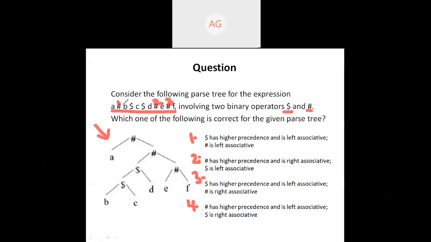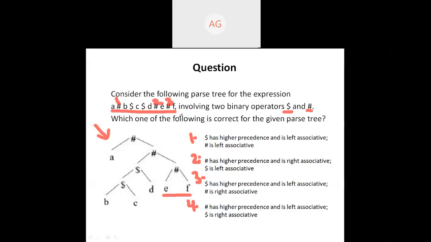So if we are going to evaluate this hash from left to right, then it means the left one is evaluated first and the right one will be evaluated last, as we are scanning this string from left to right. But you can see from the parse tree that E hash F is evaluated first.